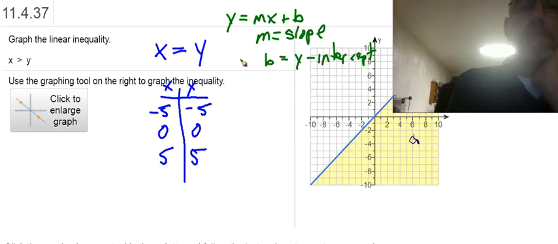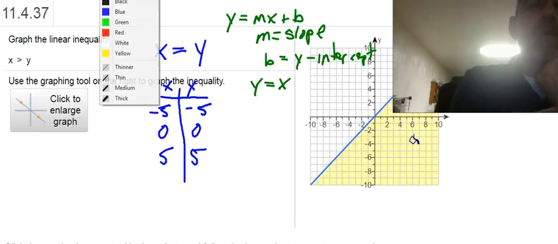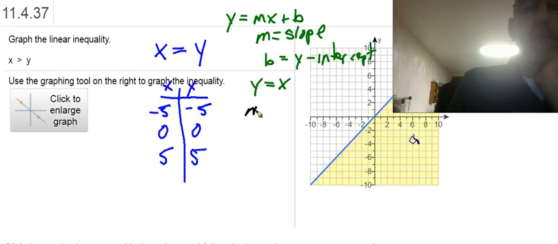So in this case, if we've got y equals x, then my slope is whatever's in front of x, so my slope is going to be 1 over 1. So I want to create a rise over run. And then my y-intercept, since there's not one, I can think about this as plus 0. So my b would be 0.